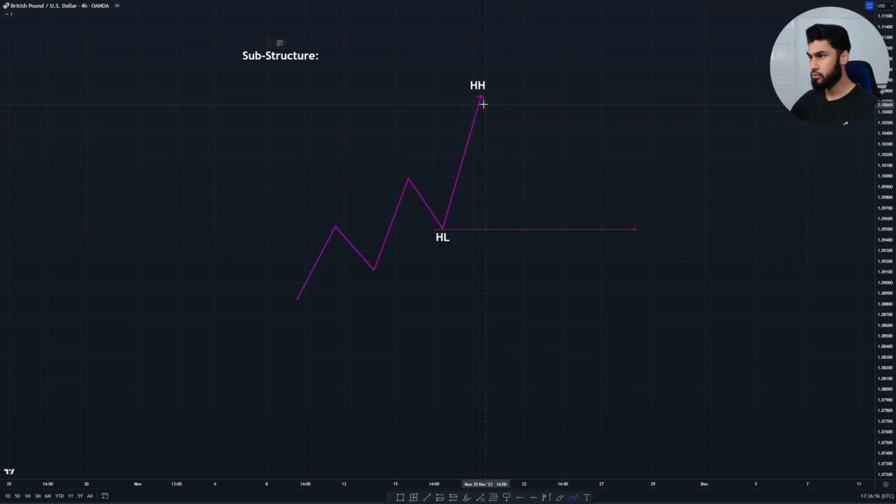So substructure is then price failing to create a higher high, and it continues to create lower lows and lower highs until we get to our main demand level, which is our main higher low point, before we see the overall push up. Because price is still overall in an uptrend if you look and zoom back out.